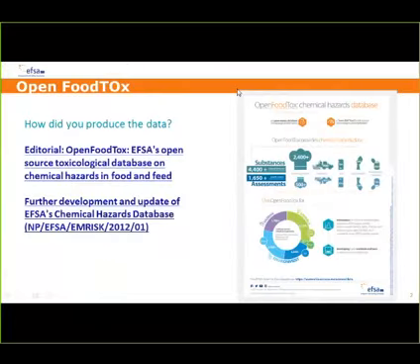Okay, so the first data set that we want to talk to you about is OpenFoodTox, and you wanted to know how we produce the data. This information has been extracted from all of the EFSA outputs up to 2016, and it covers over 4,000 substances and covers human health, animal health, and the environment, both soil, water, and other ecotox species.